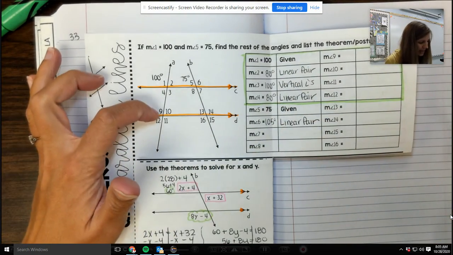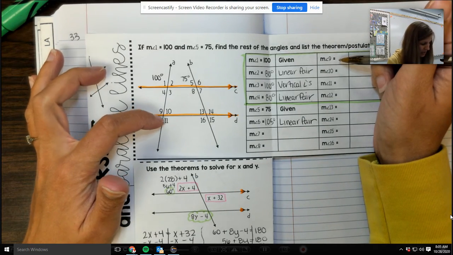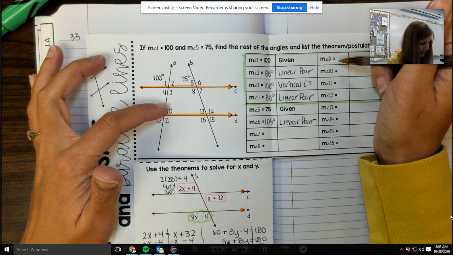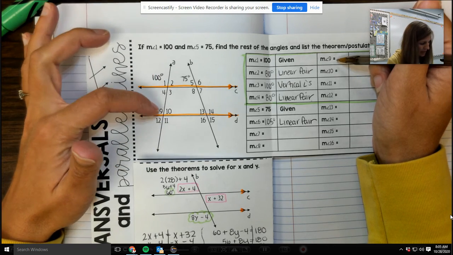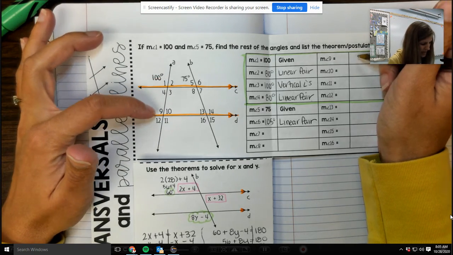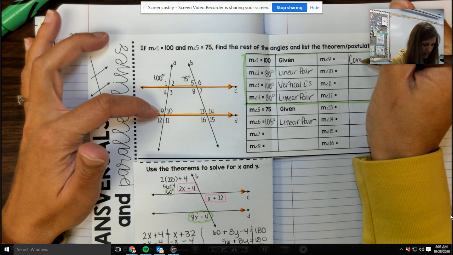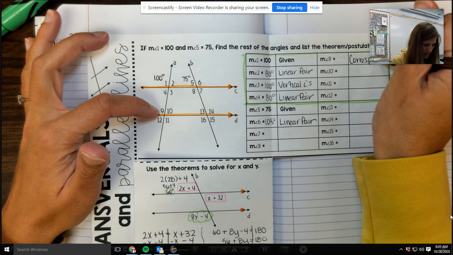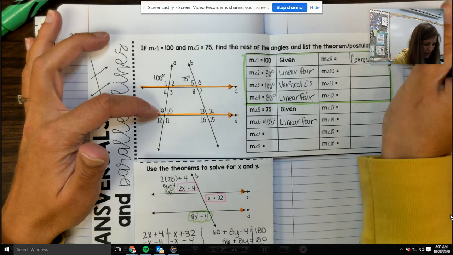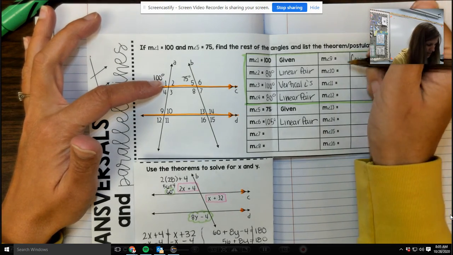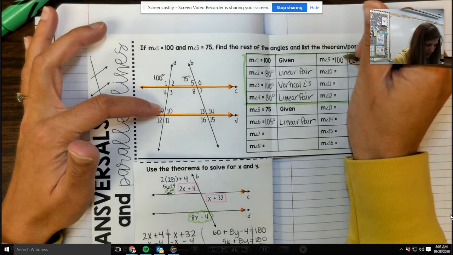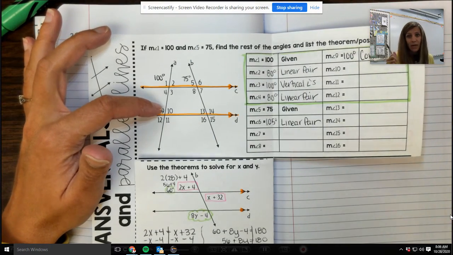So for angle 9, I need to travel to the next parallel line, which is up here. And angle 9 relates to angle 1 because they are corresponding angles. And corresponding angles are congruent. So because angle 1 is 100, angle 9 is 100. So we're always going to refer back to angle 1.